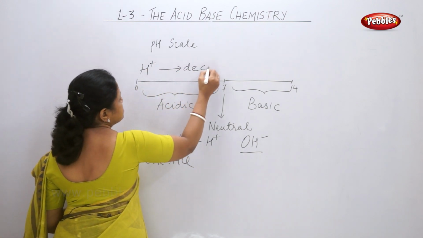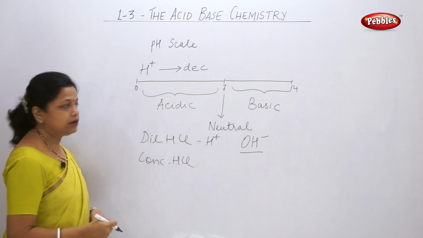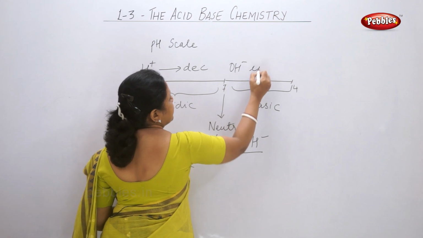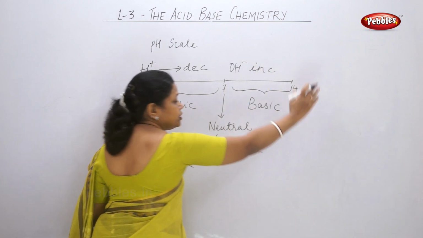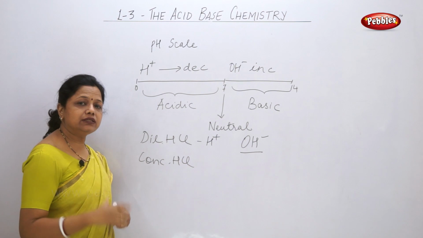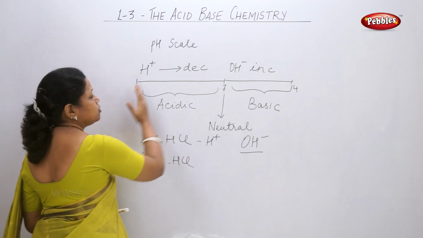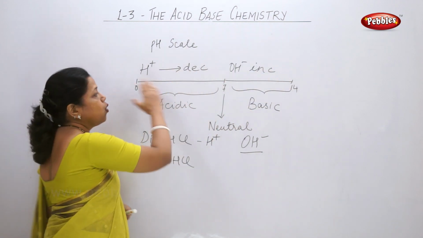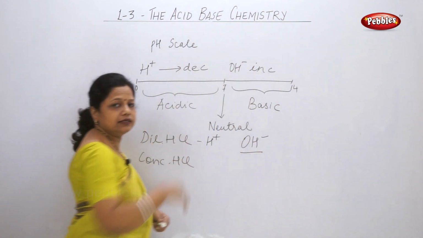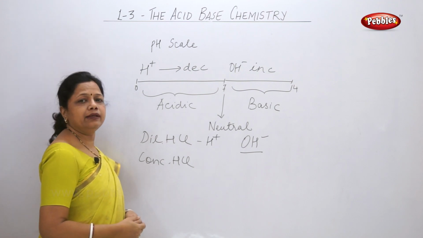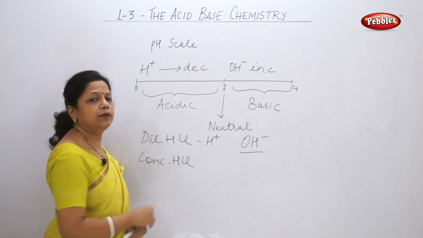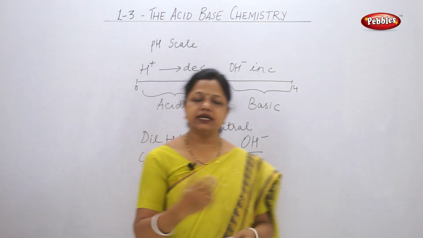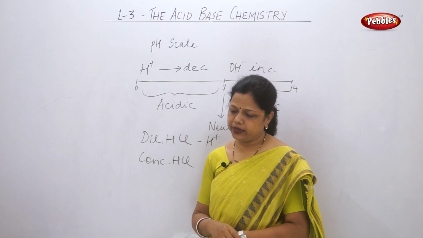And after 7, the OH ion concentration increases from 7 to 14. So in short, from 0 to 14, hydrogen ion concentration decreases and OH ion concentration increases. This determines the strength of an acid or a base. So this is how the pH scale is very useful for understanding the strength of acid and base.